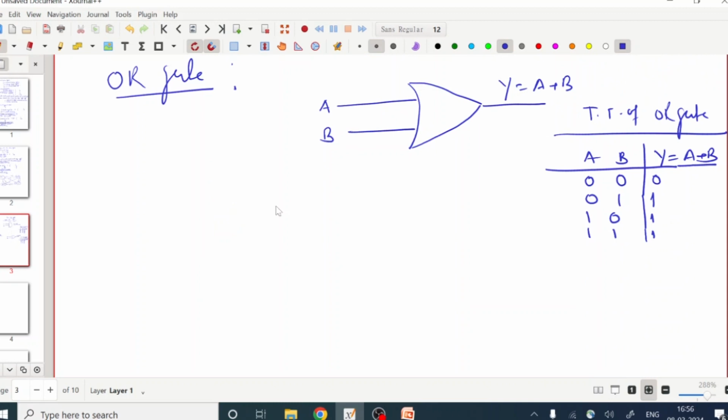The third basic logic gate is the NOT gate. What is the logic symbol of the NOT gate? It simply behaves like an inverter, meaning it inverts the input.